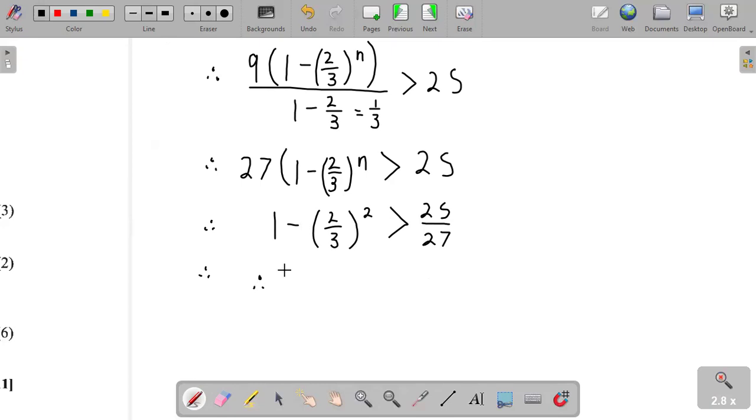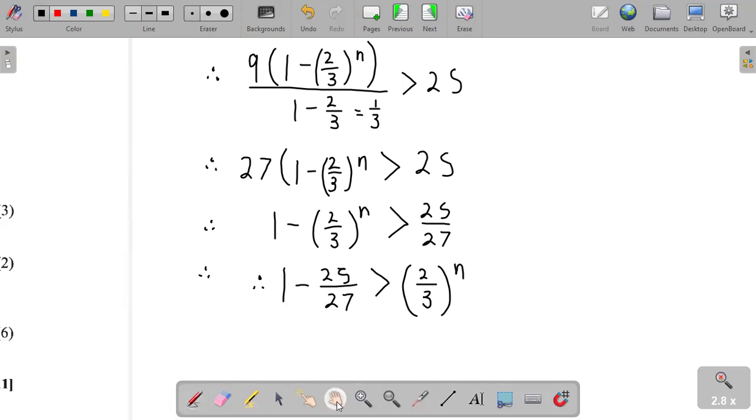Then we can bring it this side. So it's going to be 1 minus 25 over 27 is greater than 2 over 3 to the power n. This is an n here, it's not a 2. Going through it, negative 2 over 27 is greater than 2 over 3 to the power n.